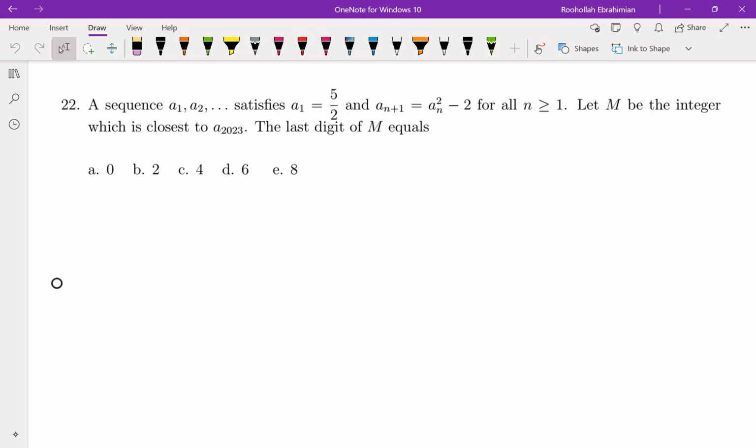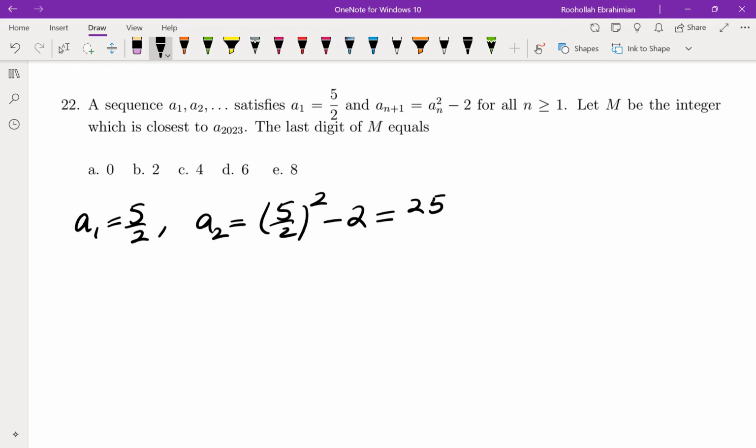Okay, so the first thing that I do anytime I face a problem involving sequences is to evaluate the first few terms. So the first term is 5 halves. The second term is 5 halves squared minus 2. So that would be 25 over 4 minus 2. And that gives us 25 minus 8 over 4, which is 17 over 4.